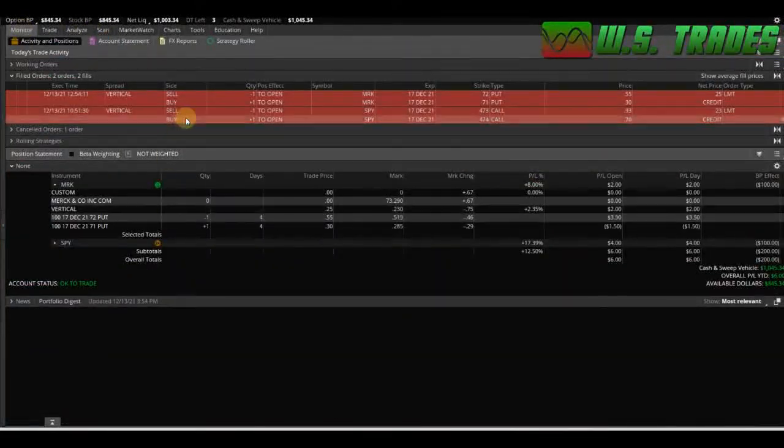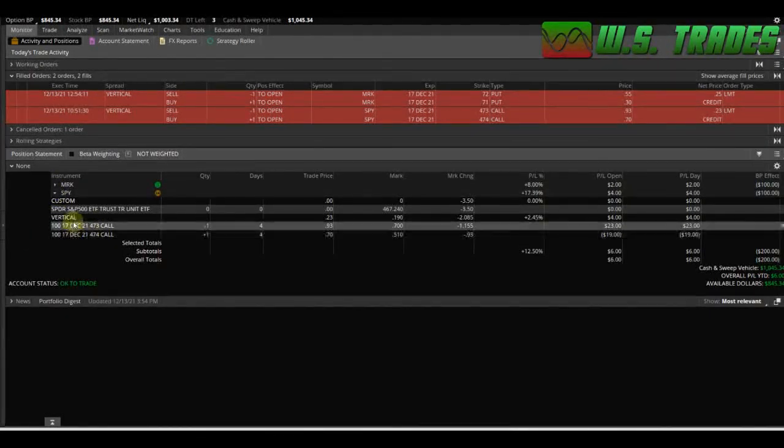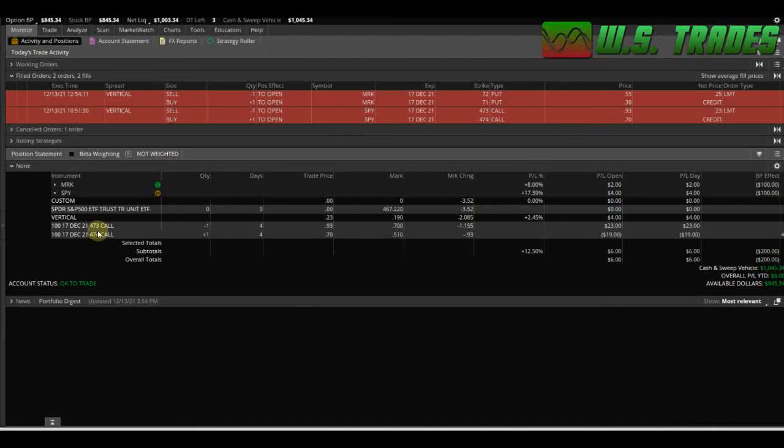The other one I got into was a vertical on SPY. So SPY, I sold calls, so I am bearish on SPY right now, or the S&P 500, which is the SPY ETF. Pull that up. So I am at the 473, 474 calls.